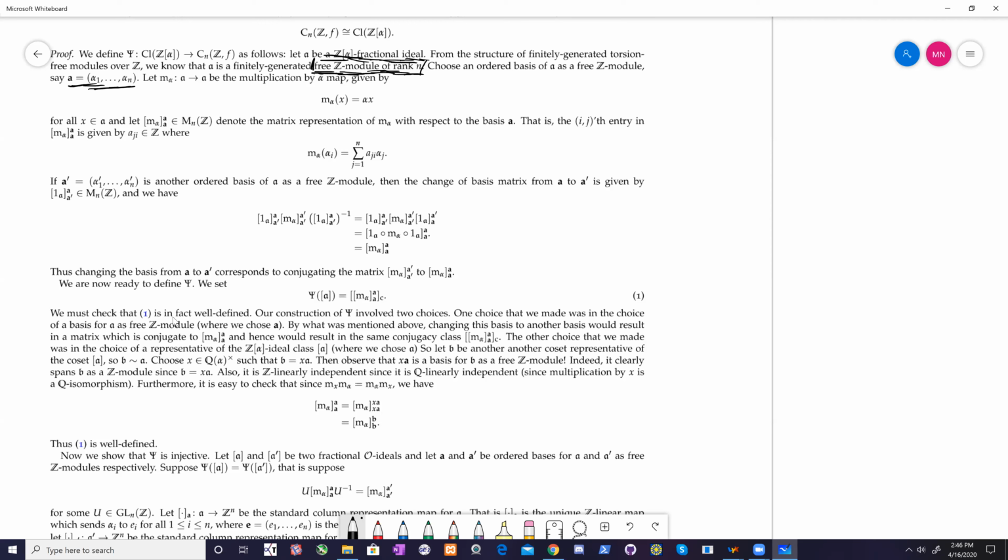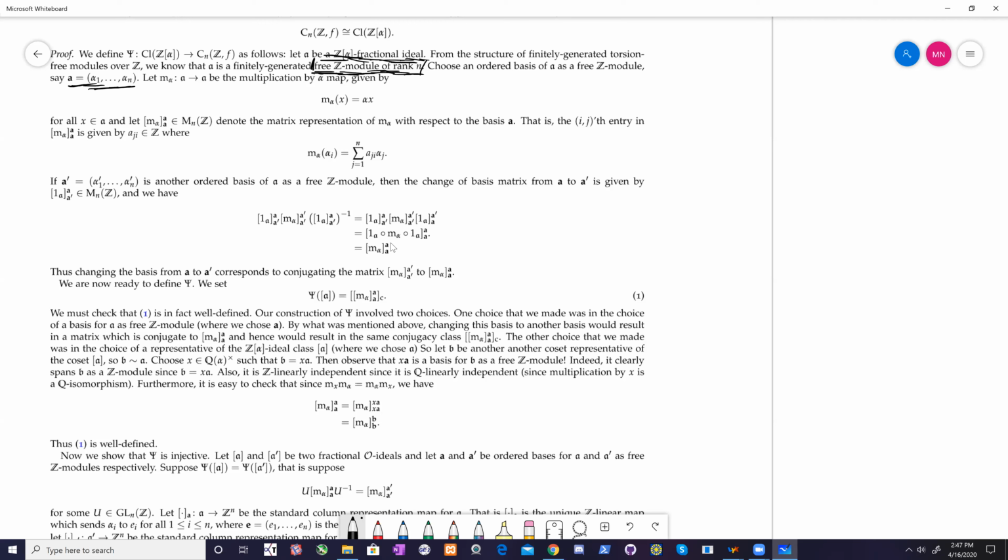Now, we have to check that this is well defined. In our construction of capital psi, we made two choices. One choice was the ordered basis for math frac A as a free Z module, where we chose bold A. But if I change the basis from bold A to another basis, bold A prime, you would just get a conjugate matrix.